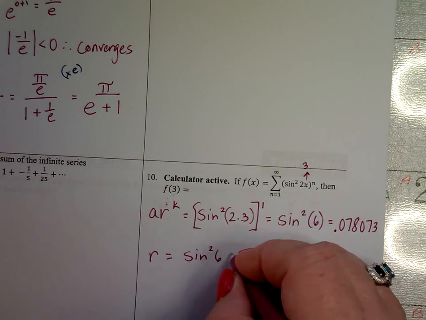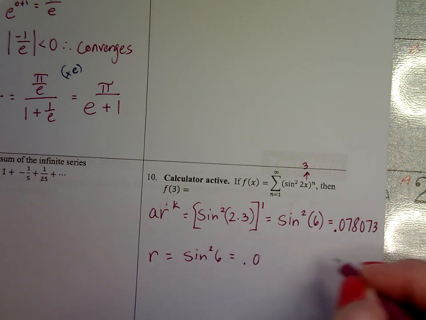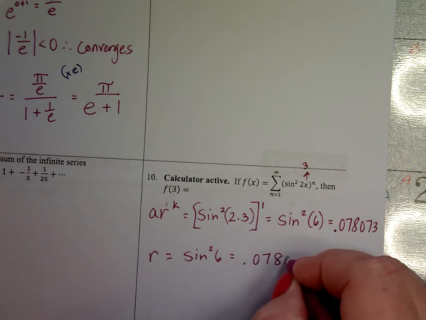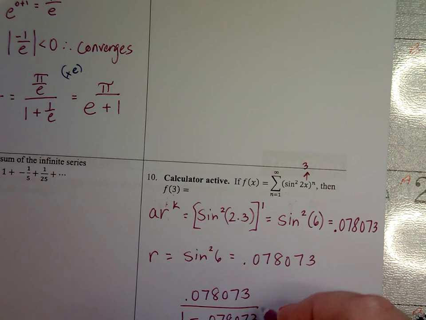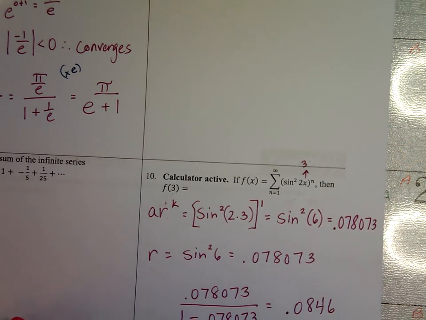Check that out, 0.078073. Put it in the sum formula. First term, 0.078073 over 1 minus 0.078073. And that gives you a final value of 0.0846. Okay?